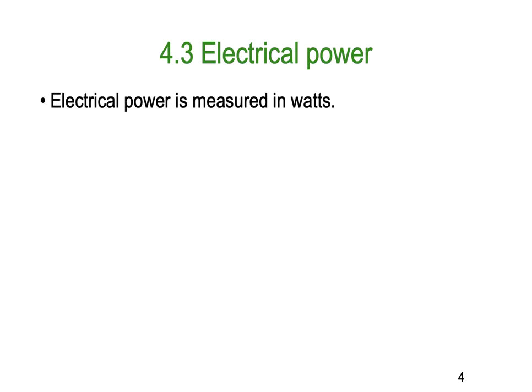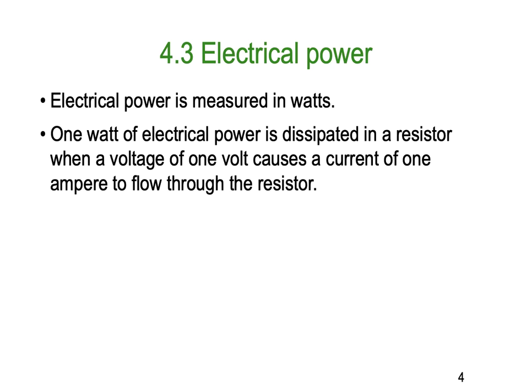So from our previous lessons, we've discovered that electrical power is measured in watts. 1 watt of electrical power is dissipated in a resistor when a voltage of 1 volt causes a current of 1 amp to flow through that resistor.